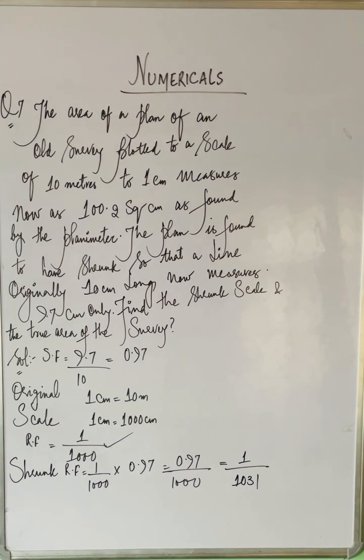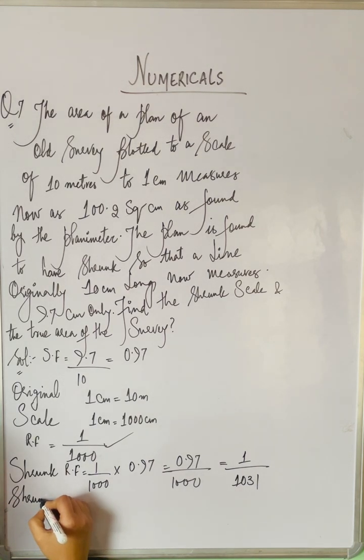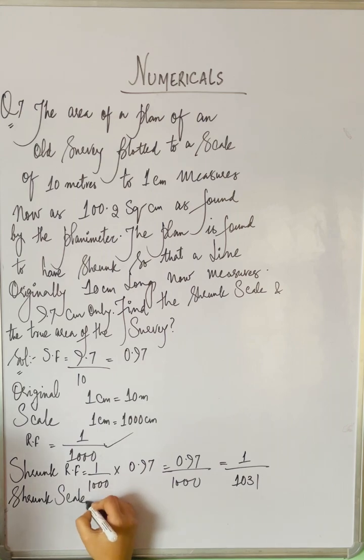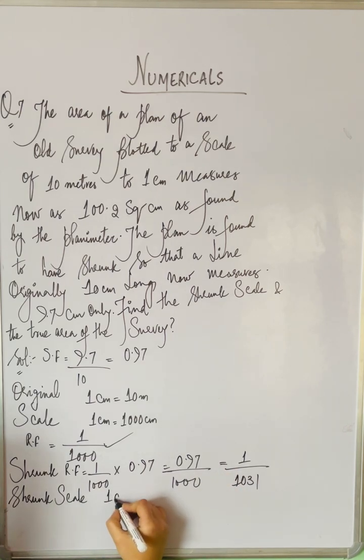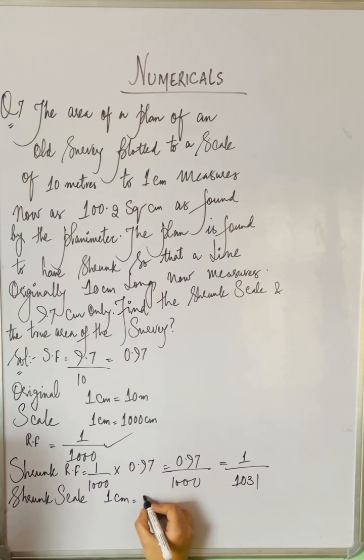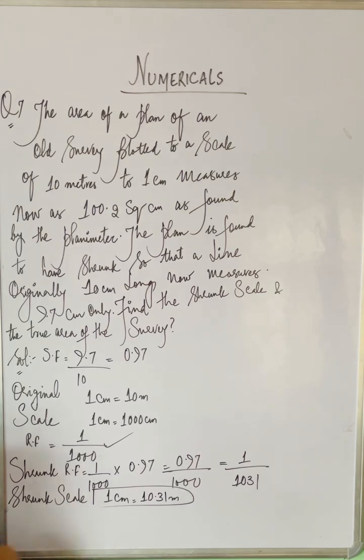That means that our shrunk scale now is, this is our shrunk RF. Our shrunk scale is that every 1 centimeter will represent 10.31 meters on the ground. Please note this, that our shrunk scale is 1 centimeter is equal to 10.31 meters on the ground. This completes part A of the question. Find the shrunk scale. Now we have to find the true area of the survey.